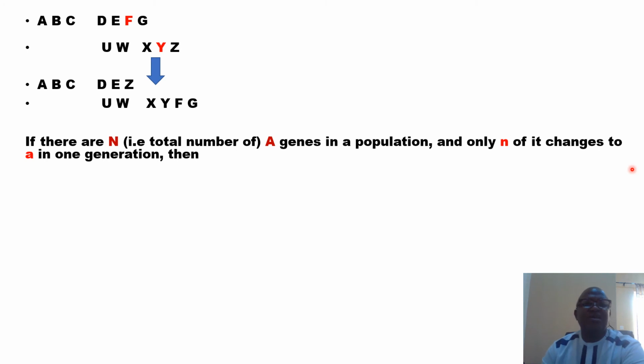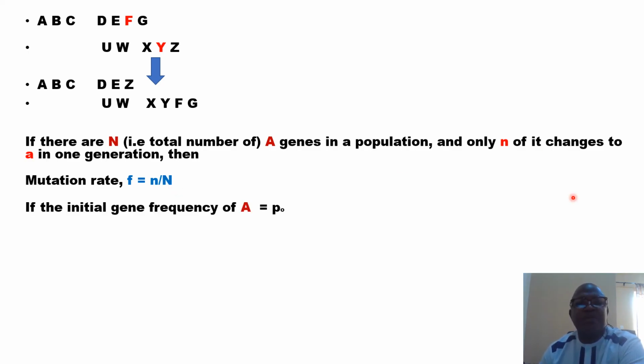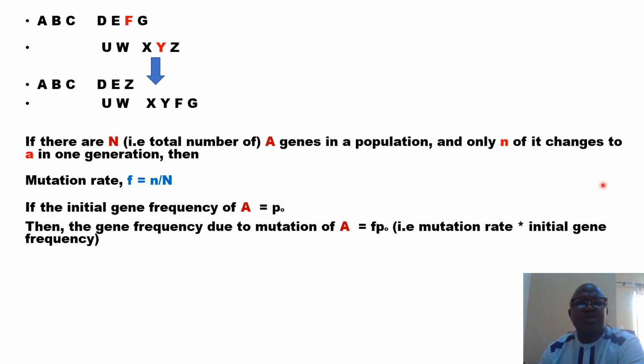If there are N number of A genes in a population and only small n of them change to small a in one generation, then we can also obtain the mutation rate, which is given by F, which is n, the change from the original, over the total, capital N. If the initial gene frequency of A is given as P0, then the gene frequency change due to the mutation of A is given as F P0, the mutation rate multiplied by the initial gene frequency.